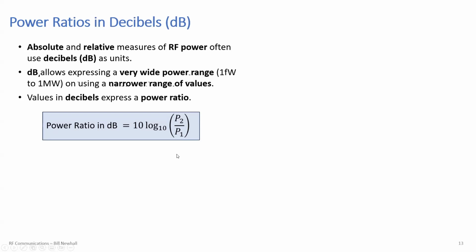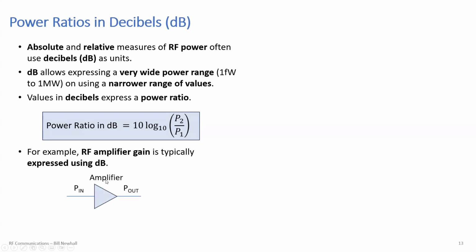An example is that RF amplifier gain is typically expressed in dB. You typically don't use voltage ratios to express the gain of an RF amplifier. This is a difference from electronics like op amps, where oftentimes you do express gains in voltage ratios. In RF, more often than not, the gains are expressed in dB, which is a power ratio.